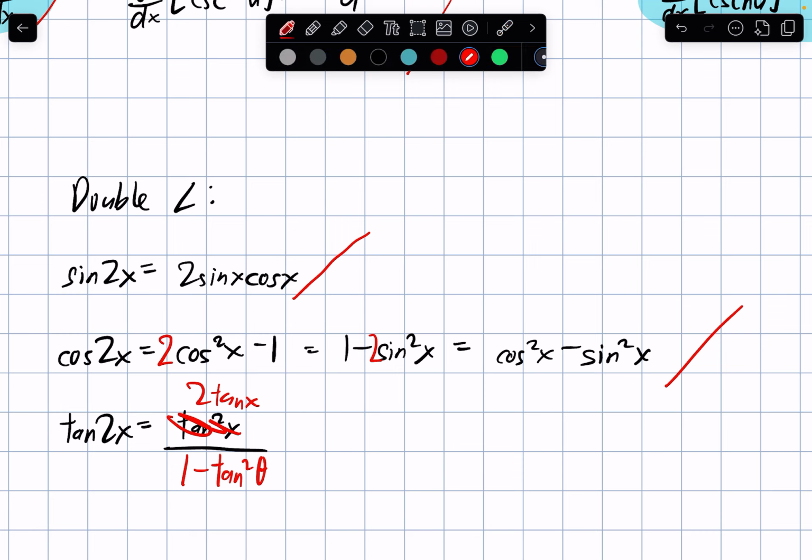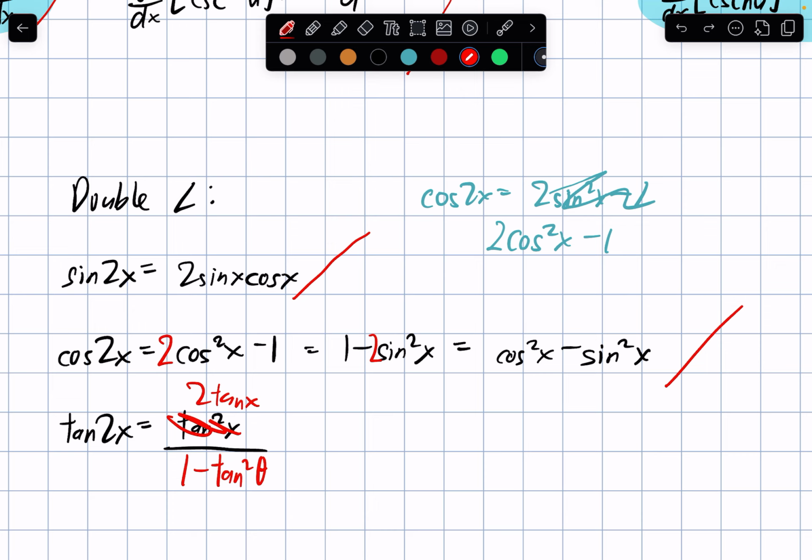It is wrong to say that cosine 2x is equal to 2 sine squared x minus 1. That's wrong. There's a reason why cosine squared x is the one written first before the minus 1. And yeah, don't forget the 2. Again, what's written in red is what I forgot to put.